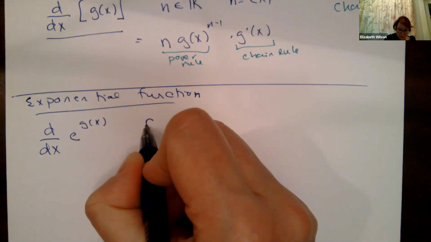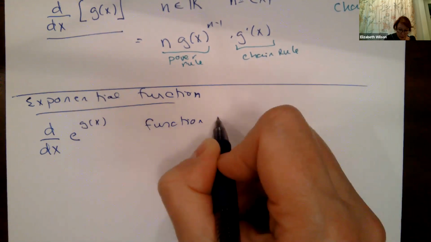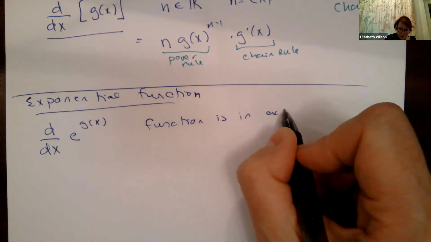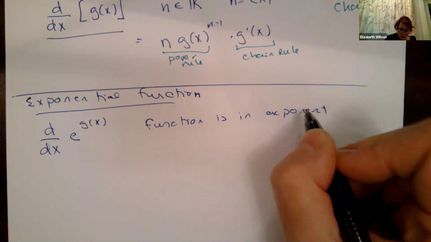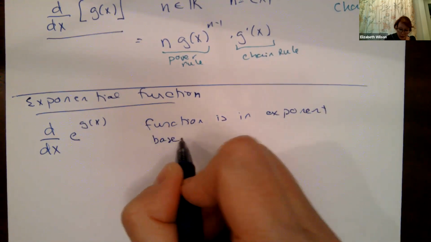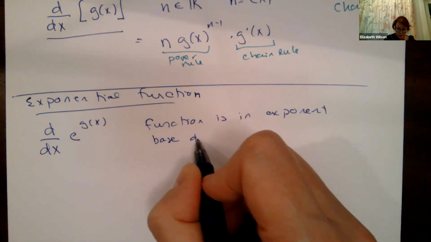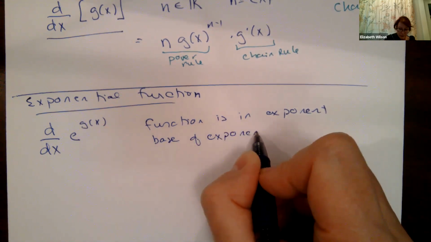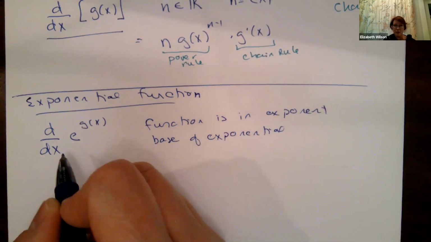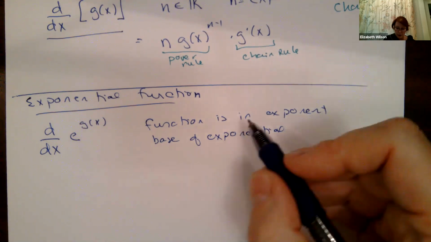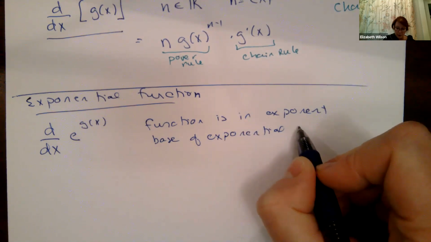Okay, so function in the exponent, and the base of the exponential, in this case, is e. Remember, e is our transcendental number. Base of the exponential, right, is a number.